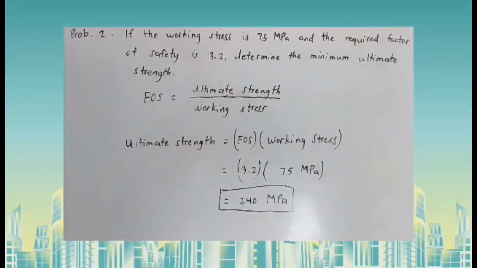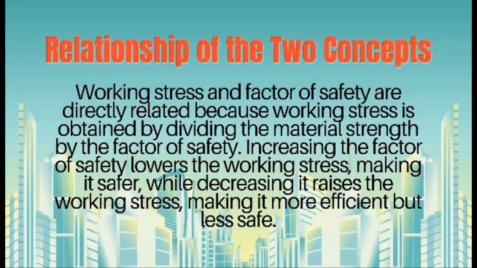Working stress and factor of safety are directly related because working stress is obtained by dividing the material strength by the factor of safety. Increasing the factor of safety lowers the working stress, making it safer, while decreasing it raises the working stress, making it more efficient but less safe.